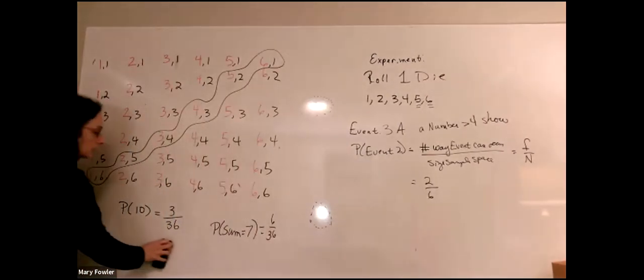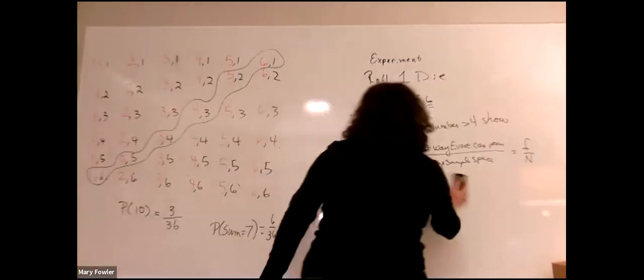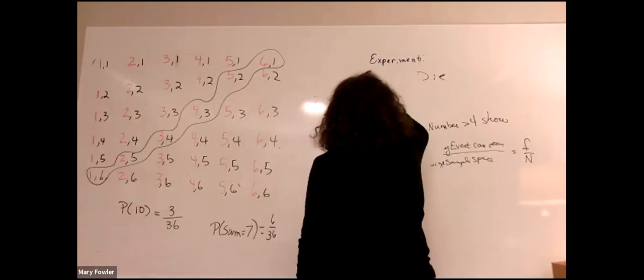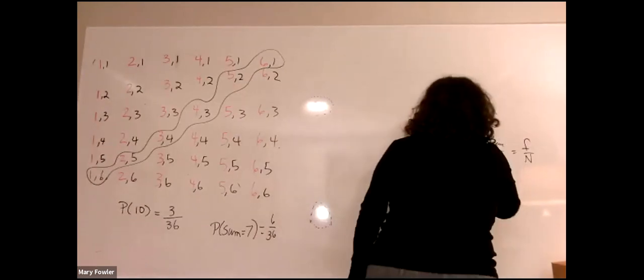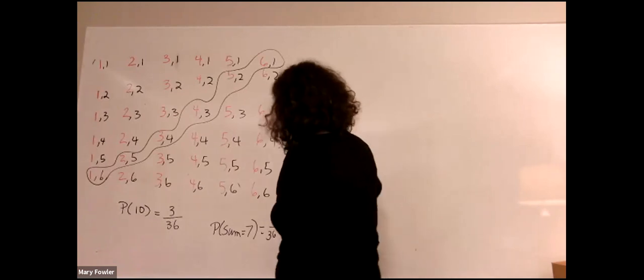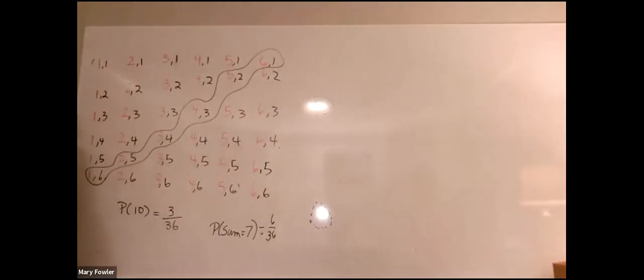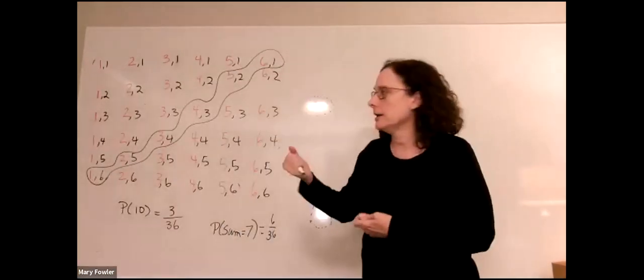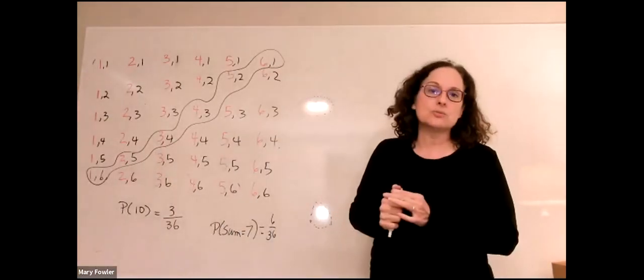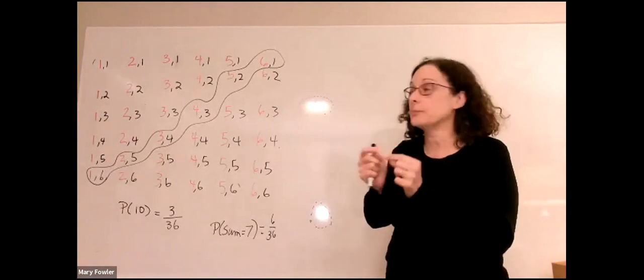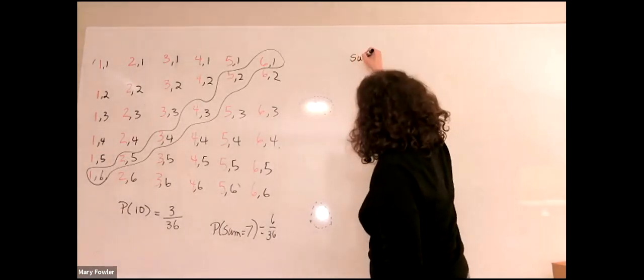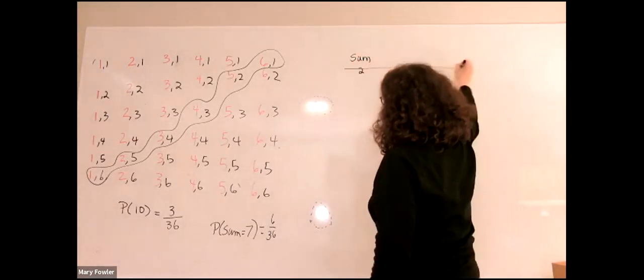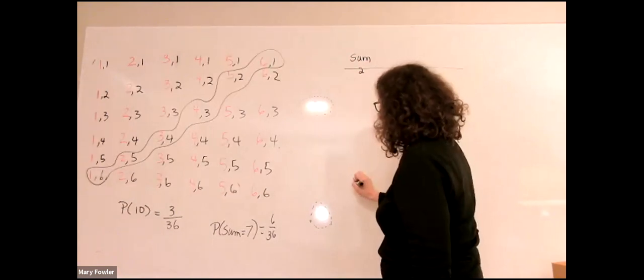But when we roll 2 dice, what are the possible outcomes for the sum of the two dice? So when we're in this experiment here, that's on the board, okay? So you roll 2 dice. The smallest number you can get for the sum of the 2 dice is 2. And the largest number you can get is 12.